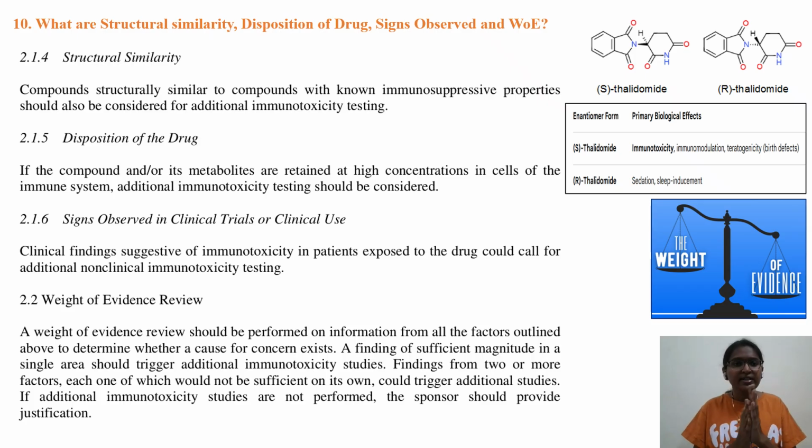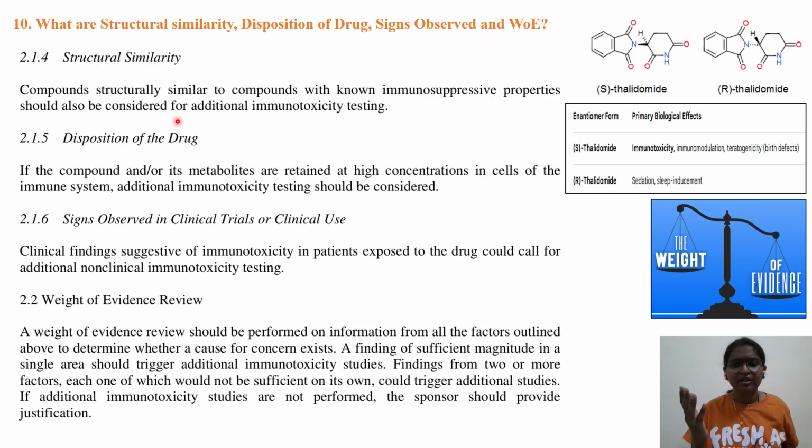Okay. Then next we will see, under the six parameters only, some other sections we are discussing: 2.4, 2.5, 2.6. We'll discuss structural similarity, disposition of the drug and signs observed, and lastly collecting the information from all the six parameters, how we can apply weight of evidence, okay, for our final decision. So structural similarity: compounds structurally similar to compounds with known immunosuppressive properties should also be considered for additional immunotoxicity studies.